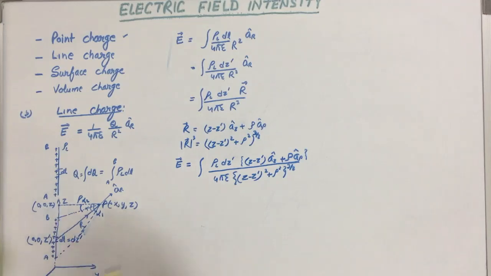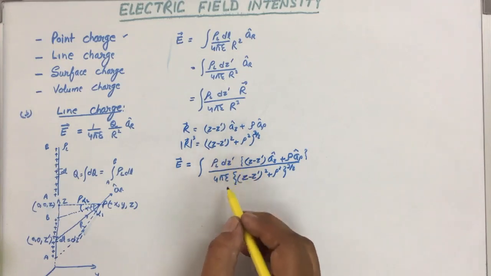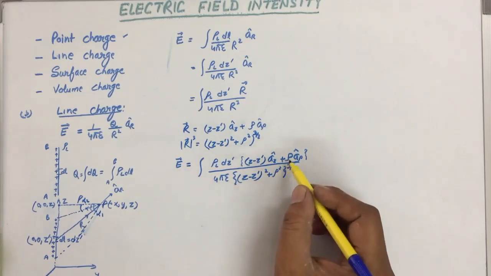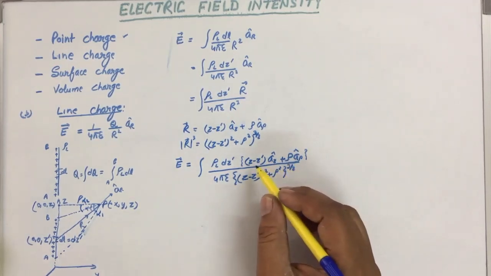Okay. So rho L is known, and rho is known. The remaining terms z and z dash should be put in terms of alpha 1 and alpha 2.